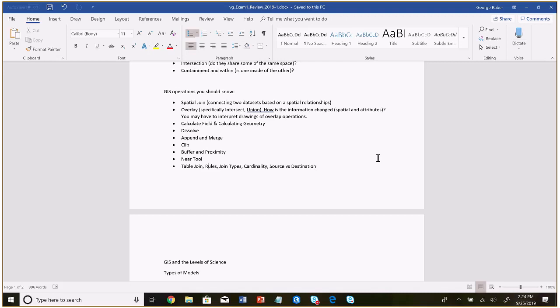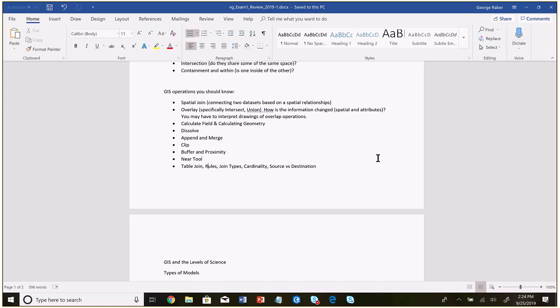But really what you need to know is that when you join data to another data set, and there's more than one possible join, in other words, there are more records from A that can be joined to B, then you either have to summarize, and ArcGIS still calls that a one-to-one, or you have to wind up with more records in your table than you originally had.